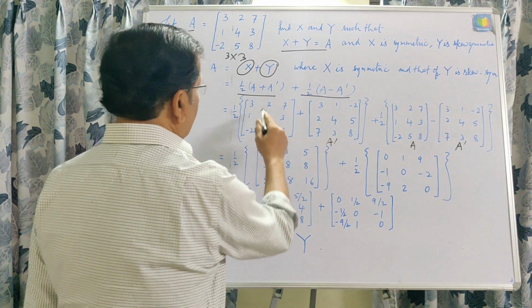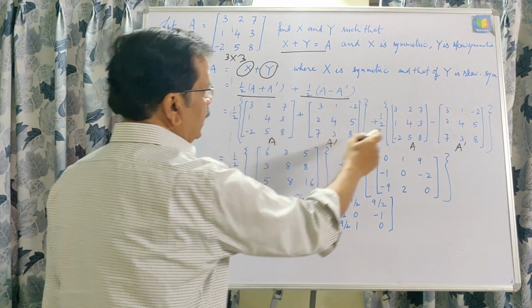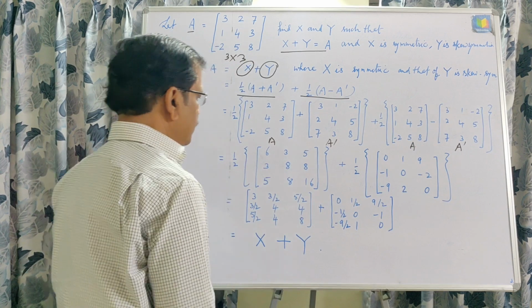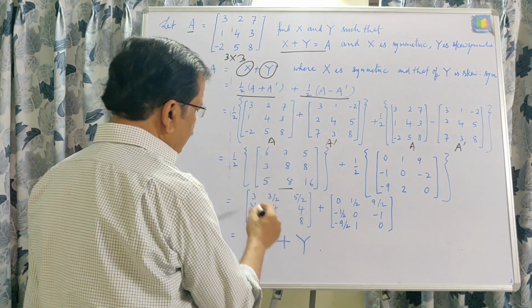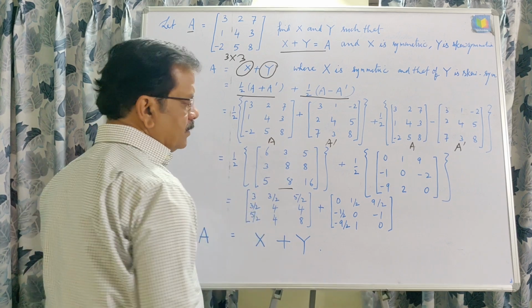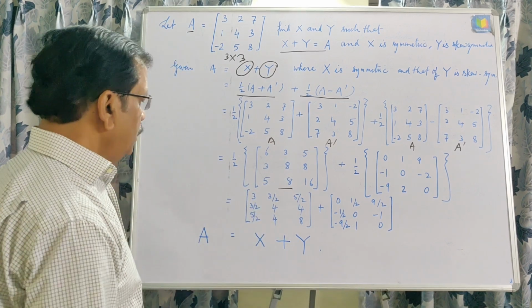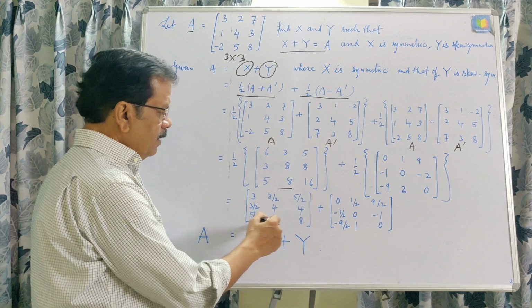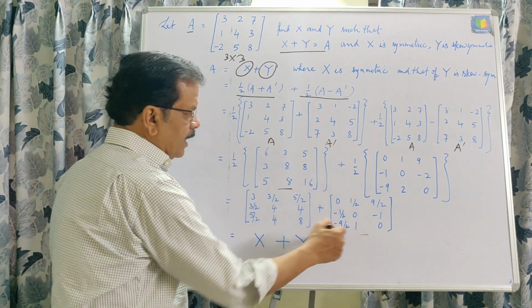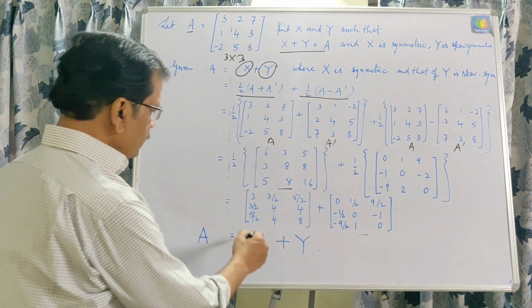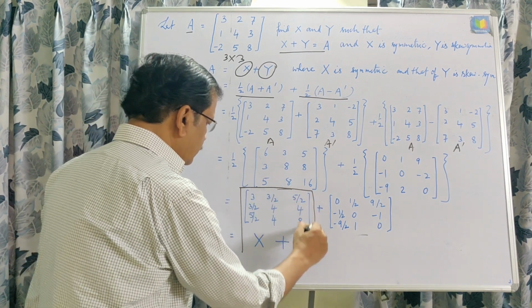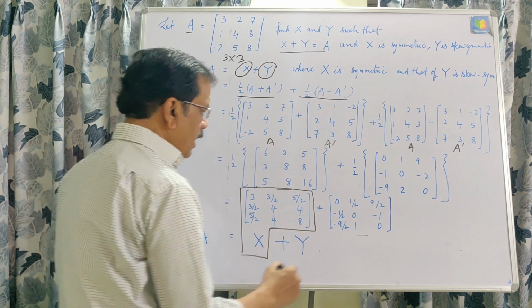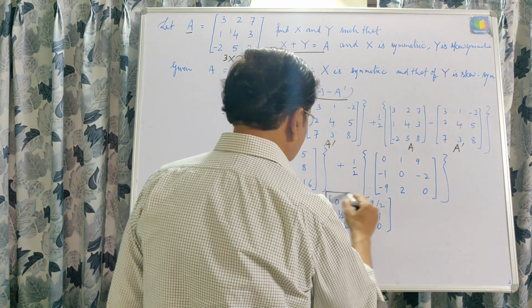Okay, then calculating, corresponding elements are added here and subtracted here, we are getting this value, and putting half inside we are getting this matrix 3, 3 by 2, 5 by 2, 3 by 2, 4, 4, and 5 by 2, 4, 8. In the same way the second one, this is Y, and this is the value of X coming, and this is the value of Y coming.